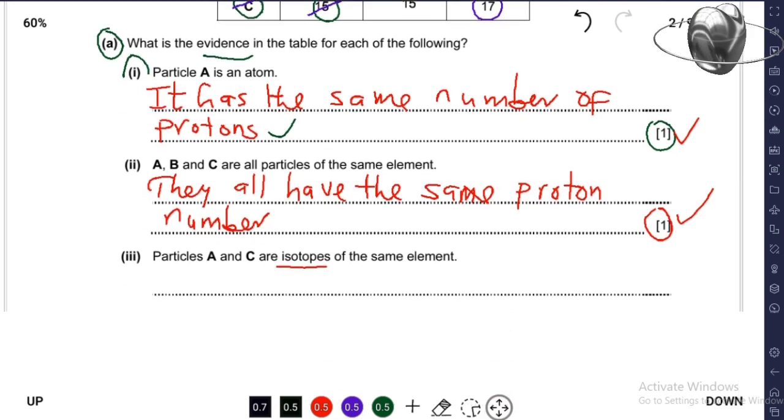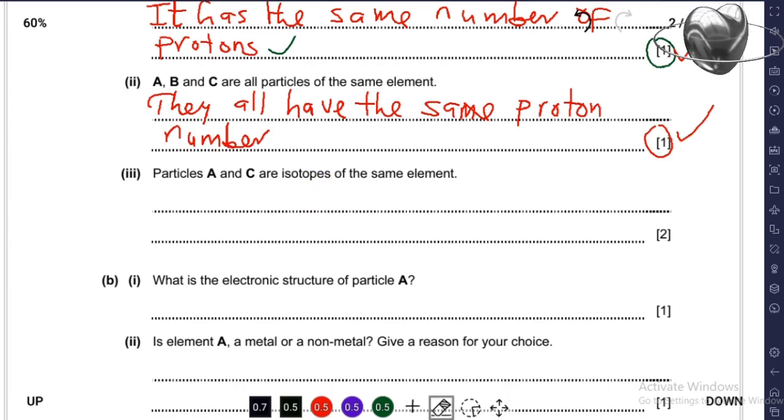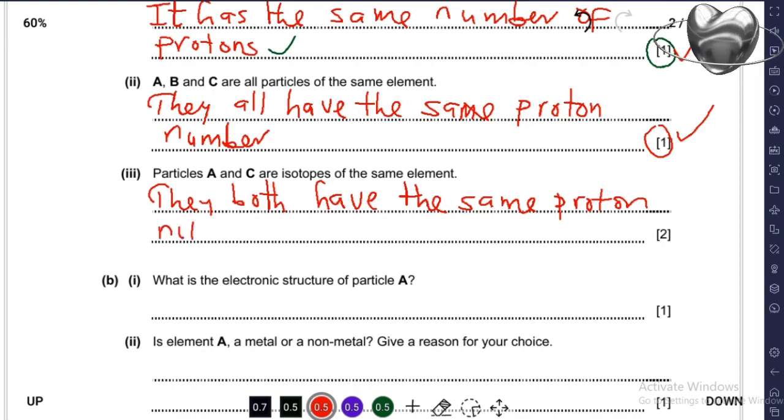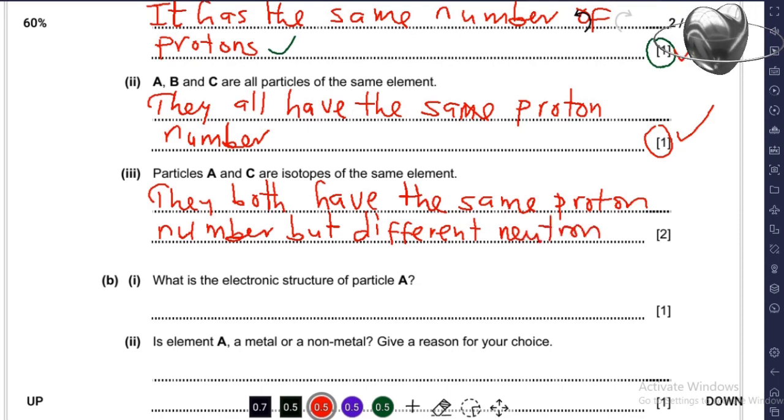So we are going to write, we are going to say they both have the same proton number, but different neutron number.